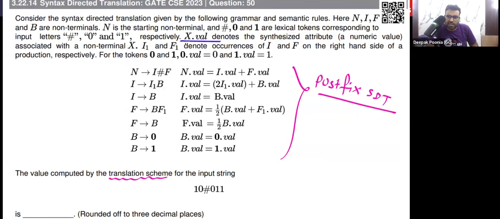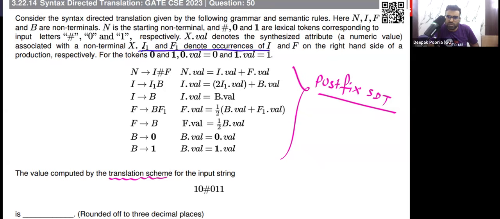So x dot val denotes the synthesized attribute, a numerical value associated with non-terminal x. Basically, x dot val is the attribute corresponding to non-terminal x. That means for this non-terminal x, val is the attribute. Next you can see I1, F1.